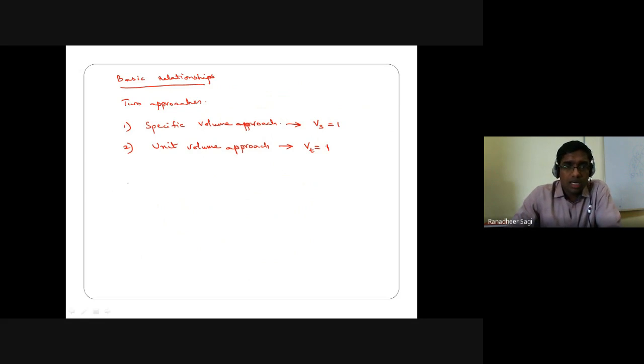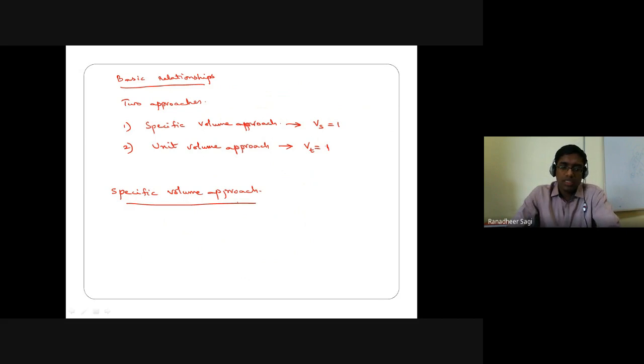Let's say I'll go by what is called your specific volume approach, just for our idea, based on this particular approach, how do we derive the relation between, let's say, the dry unit weight, specific gravity of soil solids, and the void ratio terms. Earlier, whatever we have seen, once again I'll try to derive it, but based on the specific volume approach.